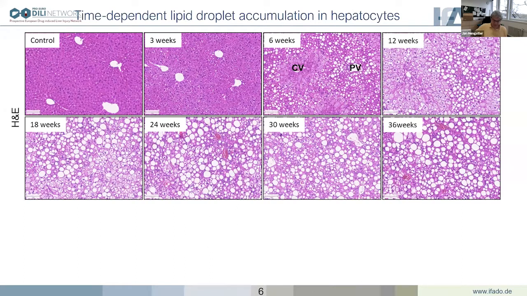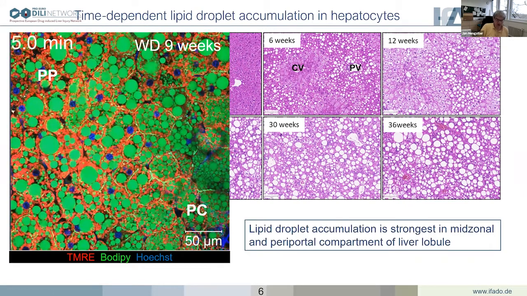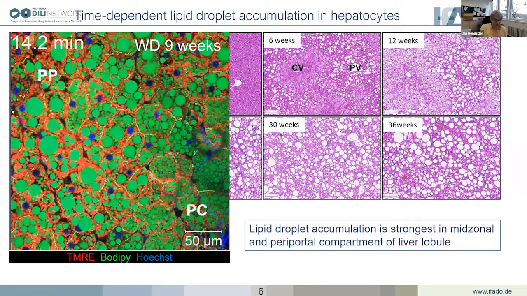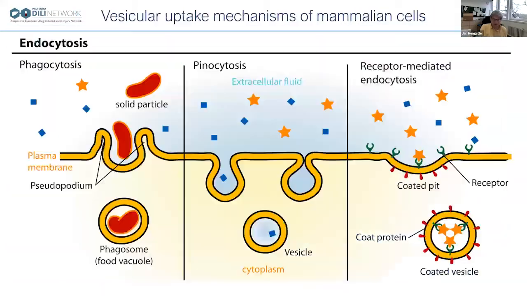So here you see how over the time these white lipid droplets formed. One can also study them intravitally, but I will not go into this in detail today, but focus on what happens to the bile canaliculi.